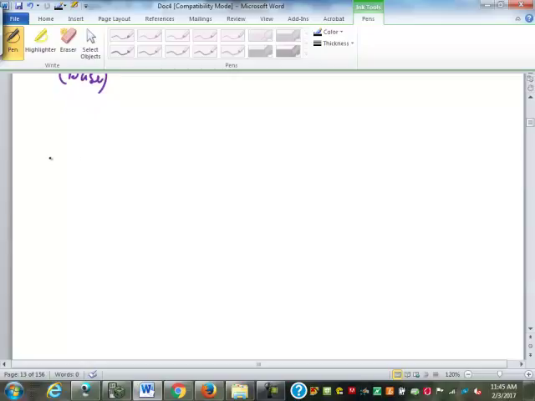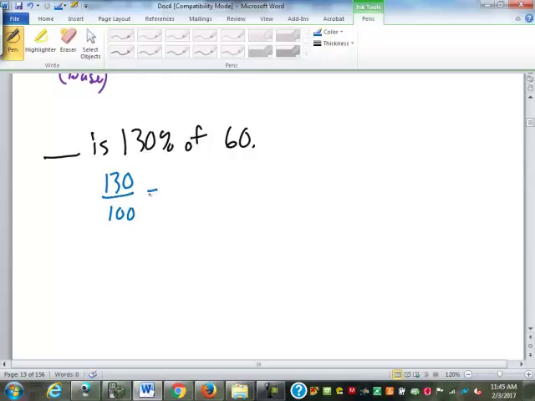We might be asked, blank is 130% of 60. So again, we start with a percent. 130% is 130 out of 100. On the other side, well, blank is 130. That implies the blank goes with the 130 of 60.